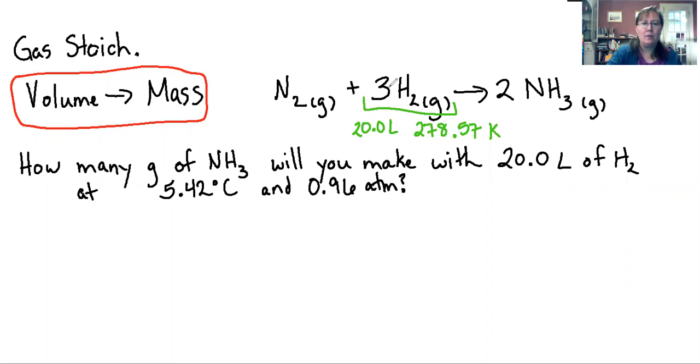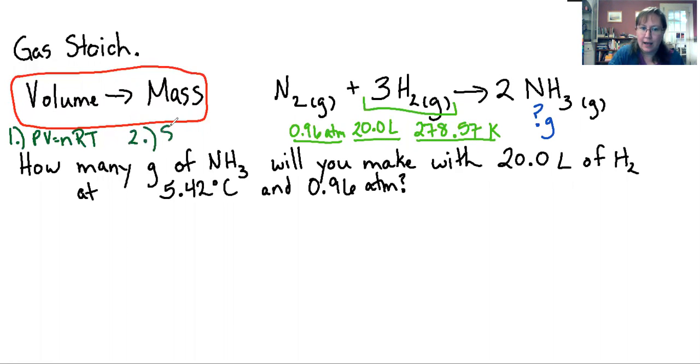Now we can come back here and say, we also have 0.96 atmospheres. So we have pressure, volume, and temperature. And what we want to know is our mass, how many grams of ammonia we're going to make. So in this kind of problem, volume to mass, our first step is going to be to use the ideal gas law, PV equals nRT.